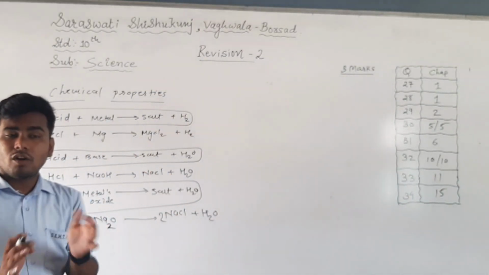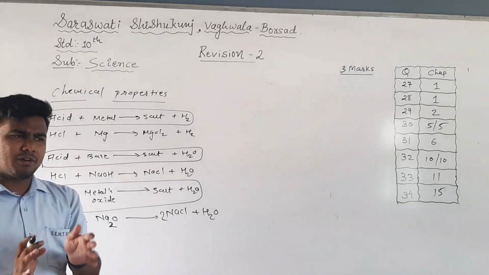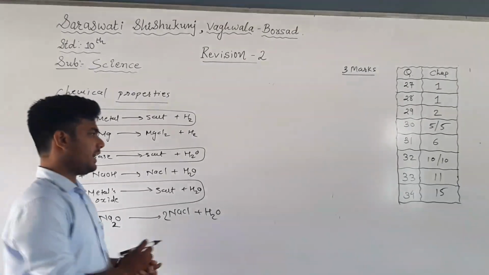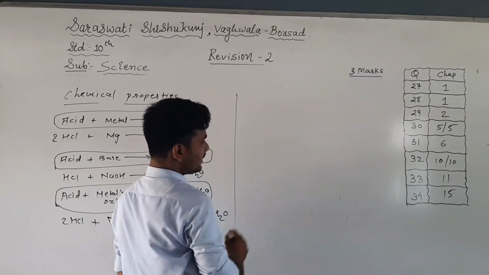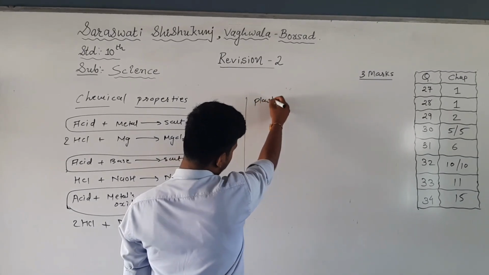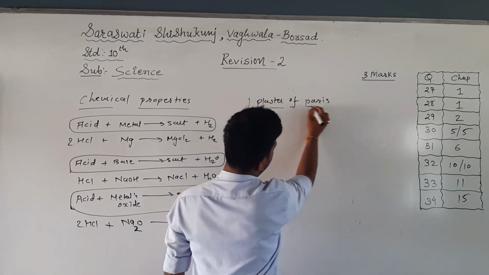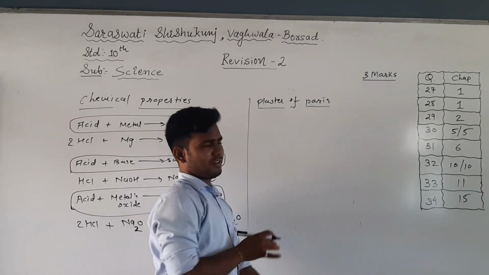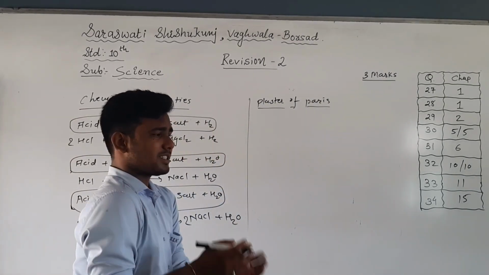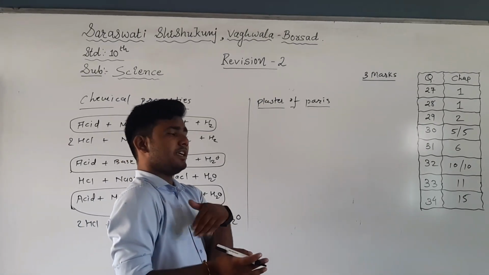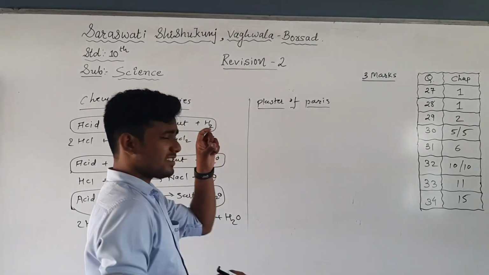We can also be asked about some preparations, right? If we take the example of plaster of Paris, this can actually be asked in 4 marks also, but it is more preferable for 3 marks: write what plaster of Paris is, its preparation and its uses, because it is the shortcut.